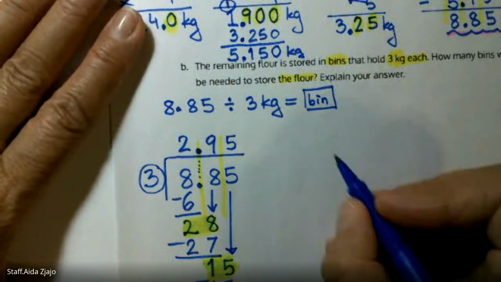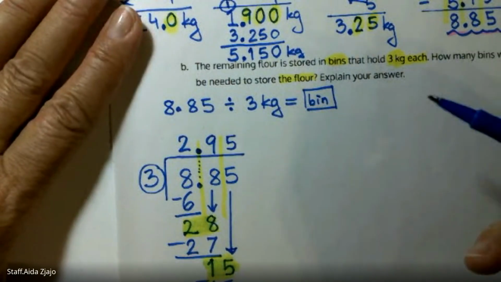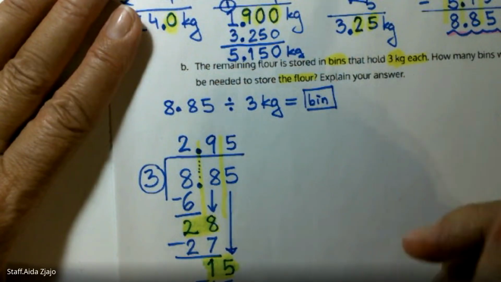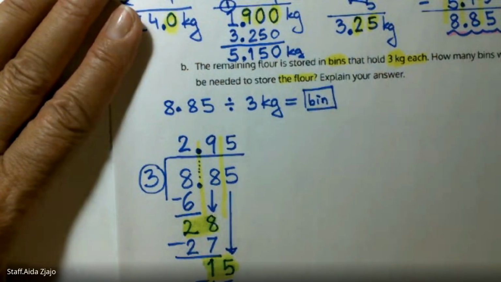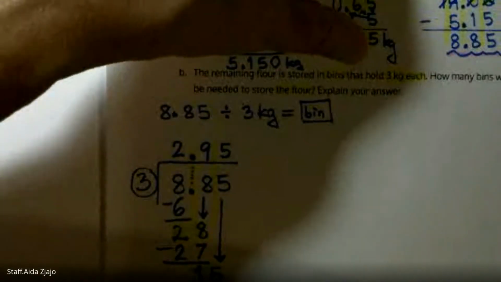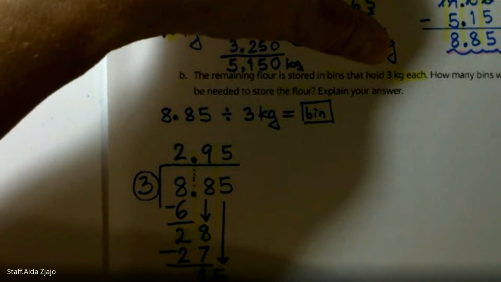So it will be, okay, hold on. 3 kilograms. The remaining flour is stored in bins that hold 3 kilograms each.